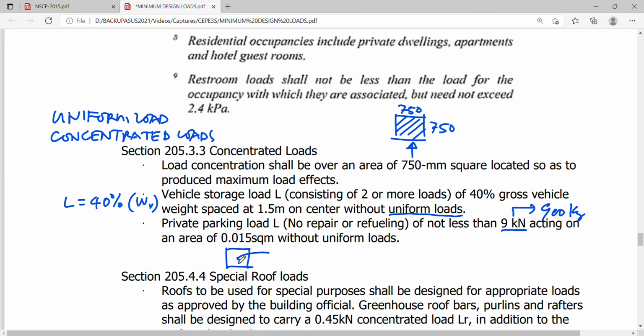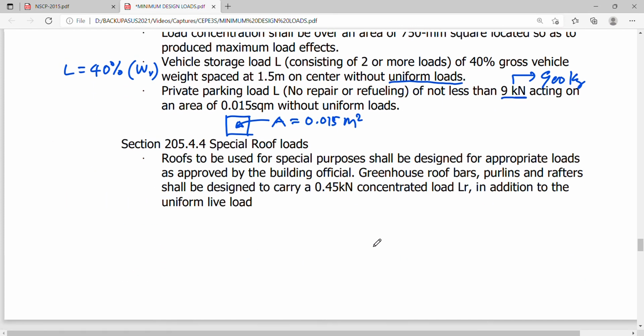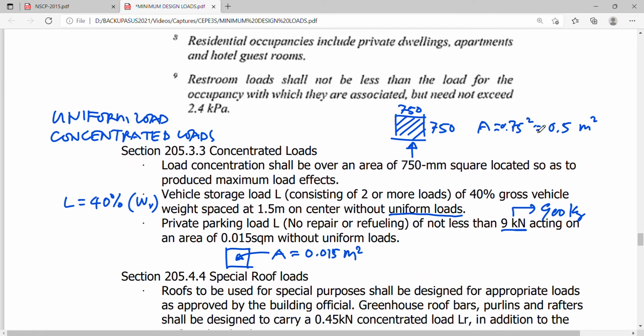So this is now automatically a 0.015 square meter of area. Here, the area still has to be computed. So this is more or less a point 0.5 something square meter. Okay, so this is approximate.